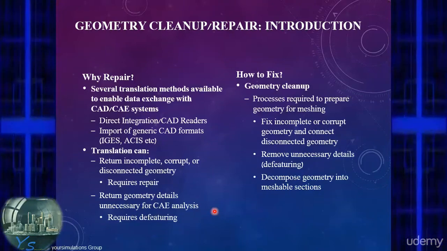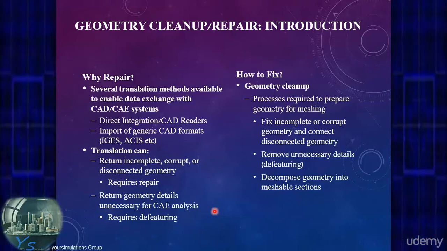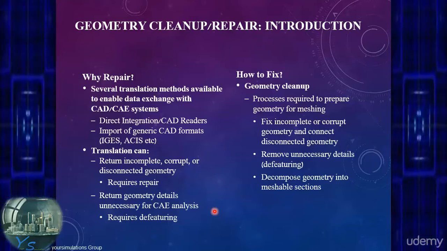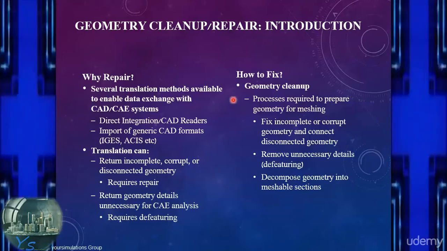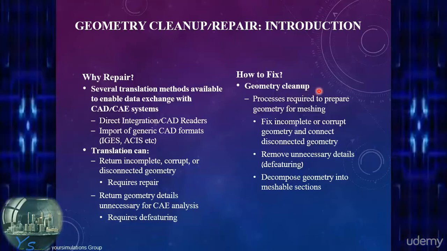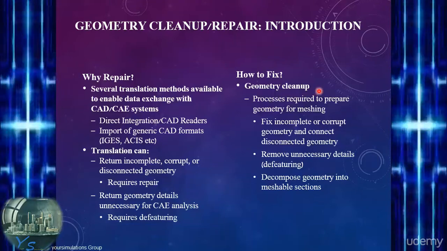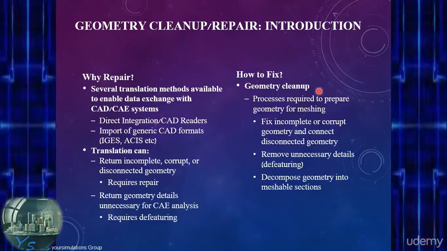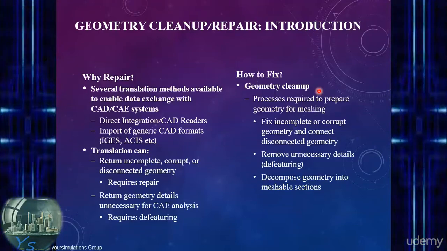There is the cleanup and also defeaturing. The cleanup is trying to fix the geometry, to try and connect all the disconnected geometry, to try and repair or replace surfaces which may have become corrupted, either as a result of the translation or that were originally there in the first place in the CAD.